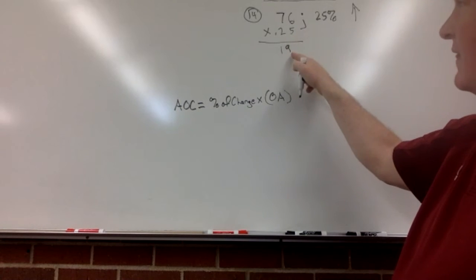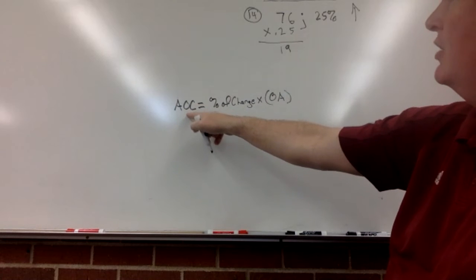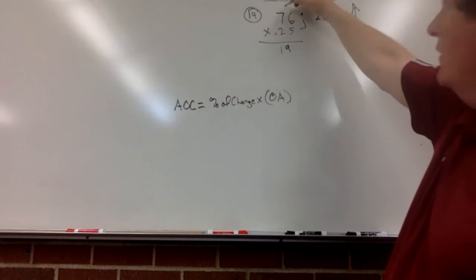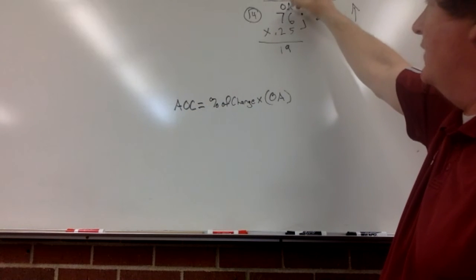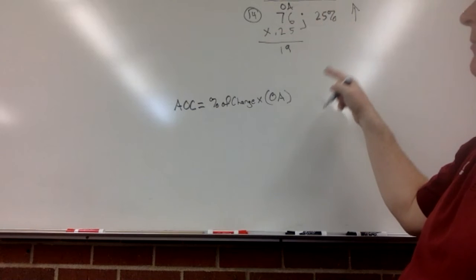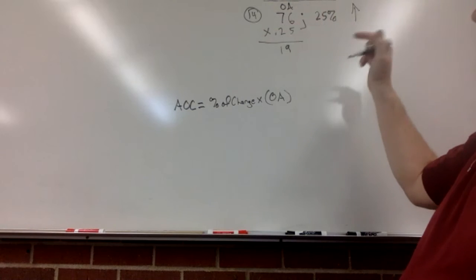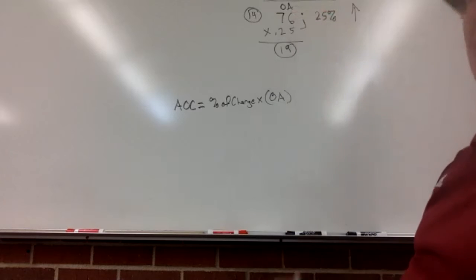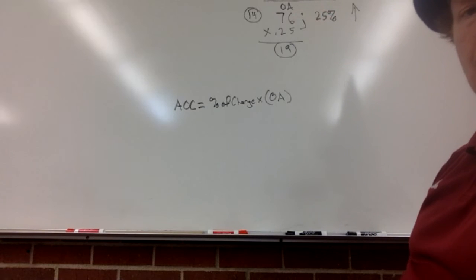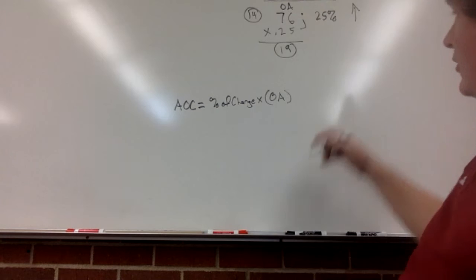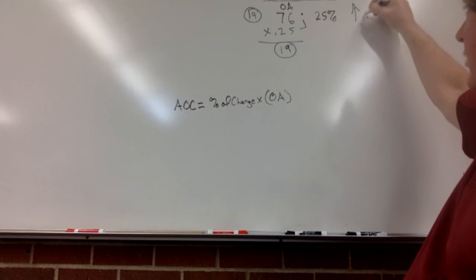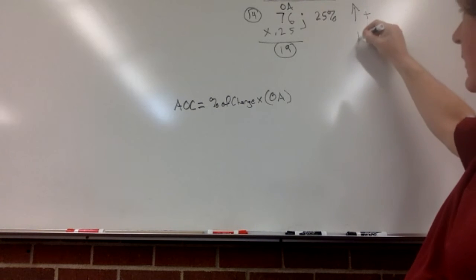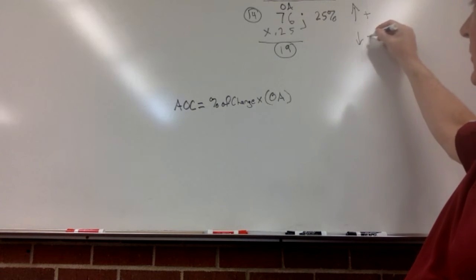Now, I'm not done. That told me what the amount of change was. So if this is our original amount, the second step of this problem is to either add or subtract this answer back to the original amount. The thing that determines whether we add or subtract is whether we're increasing, add, or decreasing, subtract.